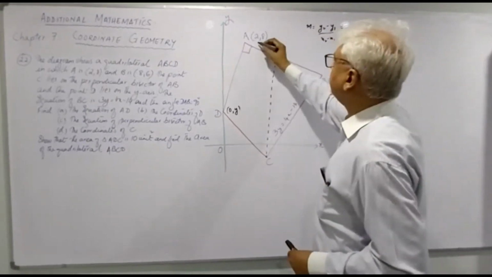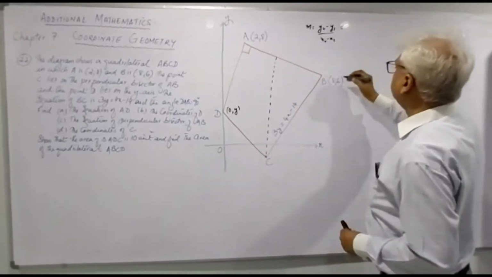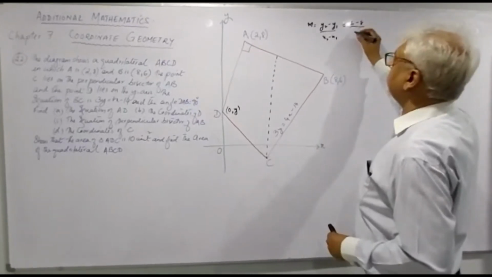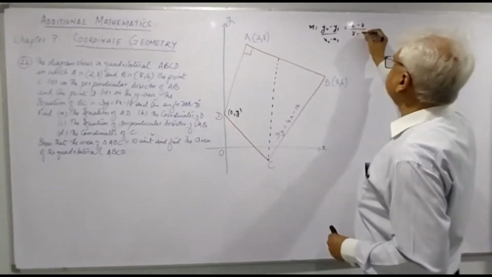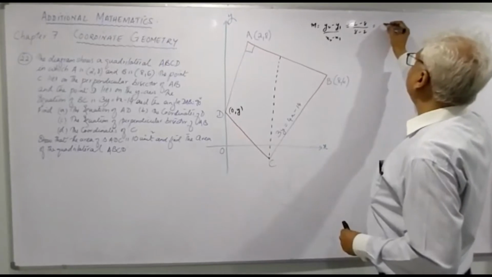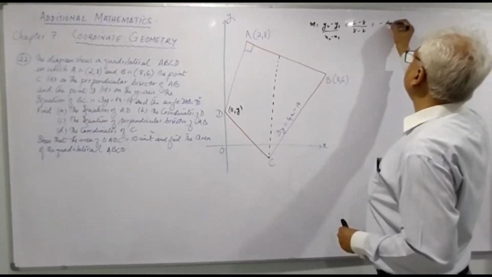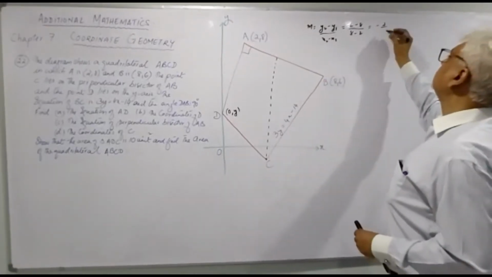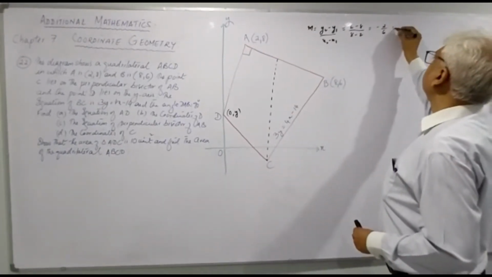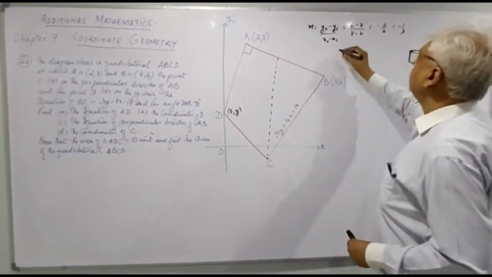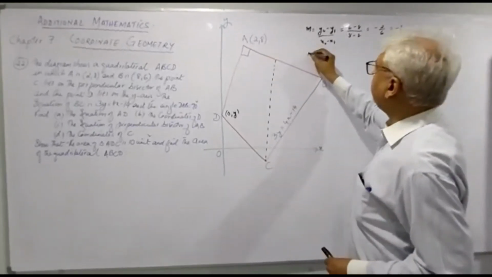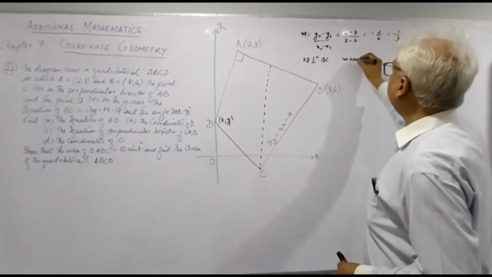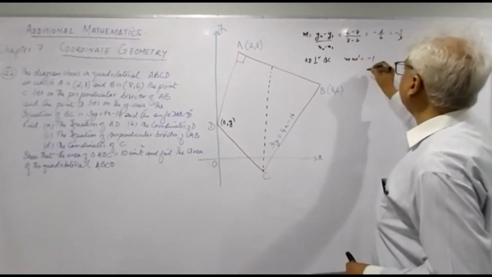Let's say this is (x1, y1) and this is (x2, y2), so (6 - 8)/(8 - 2), which gives you -2/6, so you have -1/3. Now, since AD is perpendicular to AB, m times m' = -1.